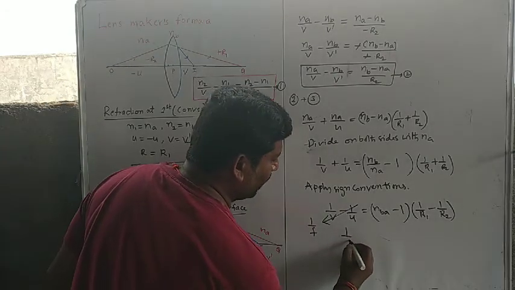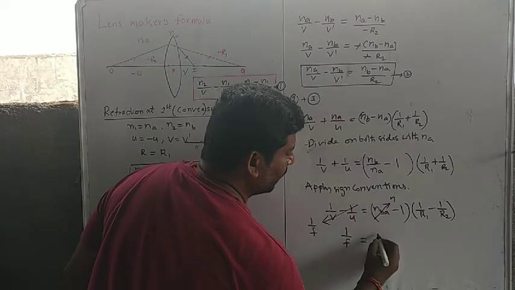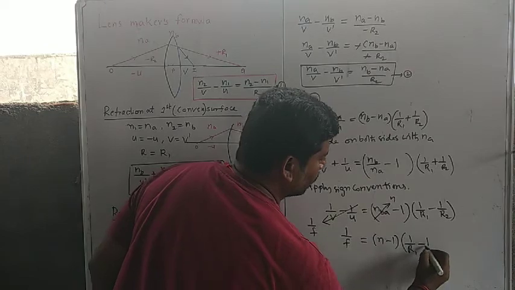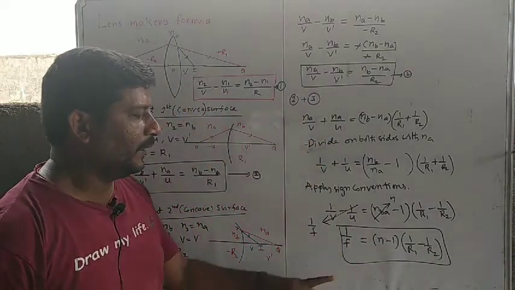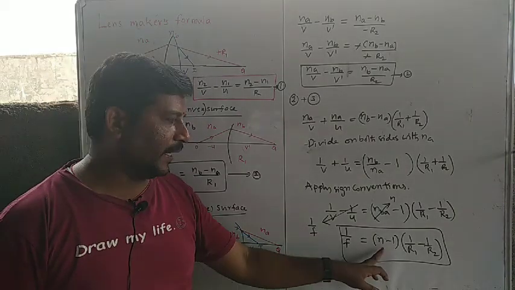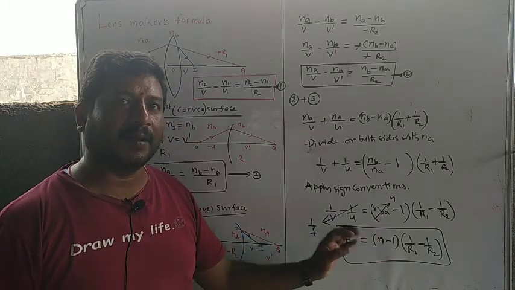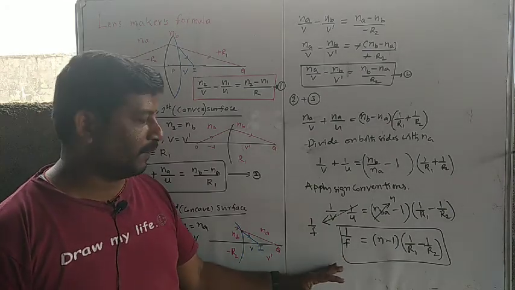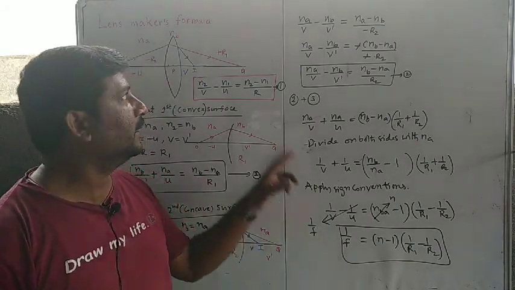So we can write 1 by F is equal to, here I am writing NBA as N, minus 1 into 1 by R1 minus 1 by R2. So here N is absolute refractive index of lens. Here N is equal to NBA, which indicates absolute refractive index of lens. So this 1 by F is equal to N minus 1 into 1 by R1 minus 1 by R2 indicates lens formula.